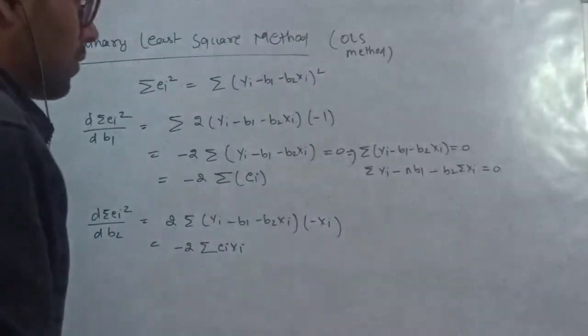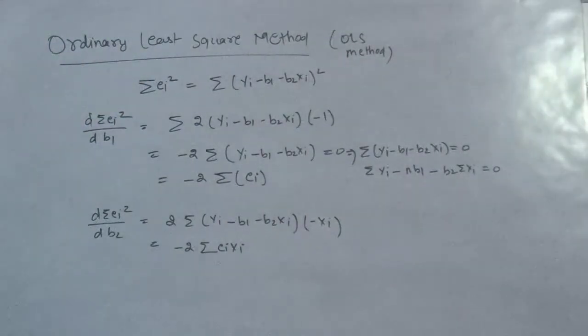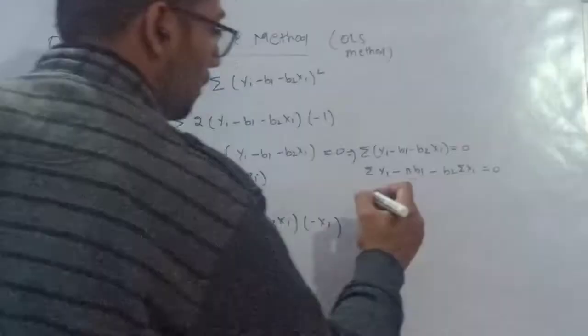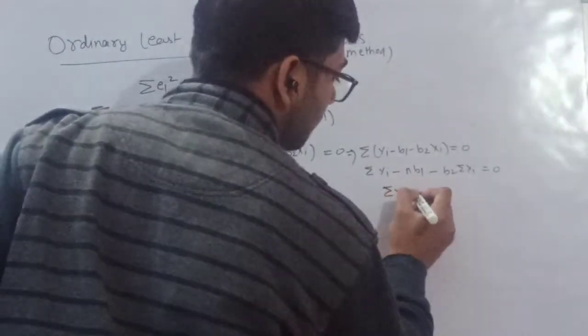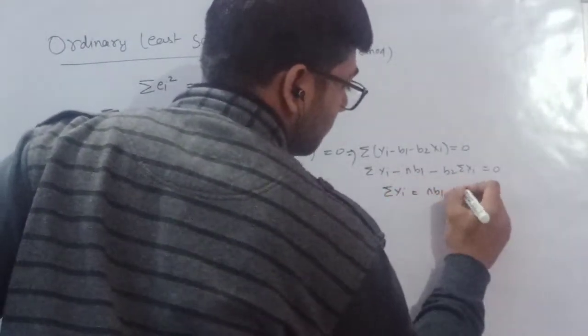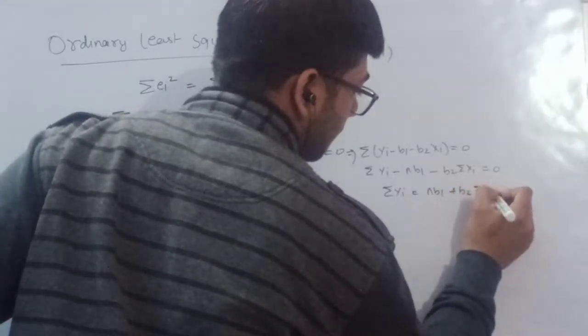So summation Yi is n b1 plus b2 summation Xi.